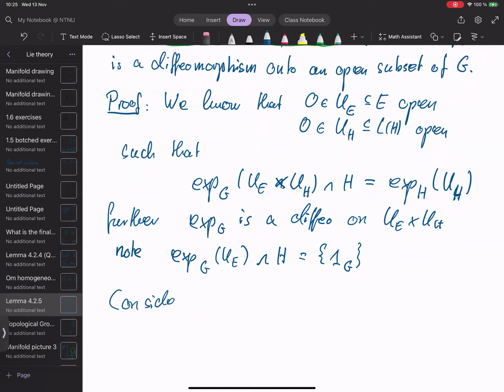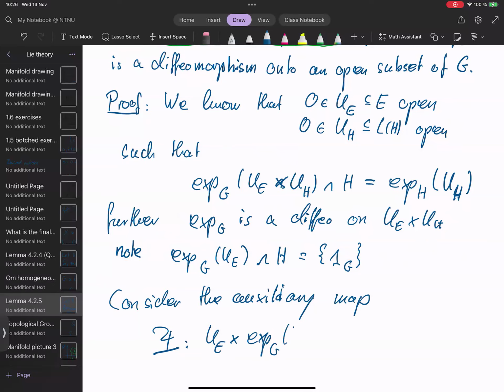Well, let's consider also an auxiliary map and see how we can use this to actually get to the neighborhoods we want. So the auxiliary map is called psi, and it will be defined on UE times the exponentiated subset UH.